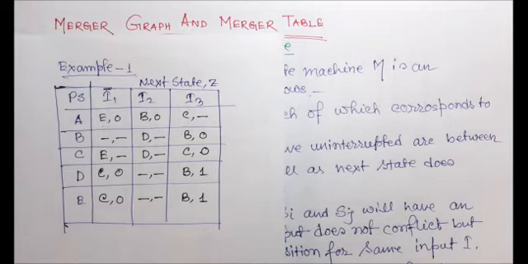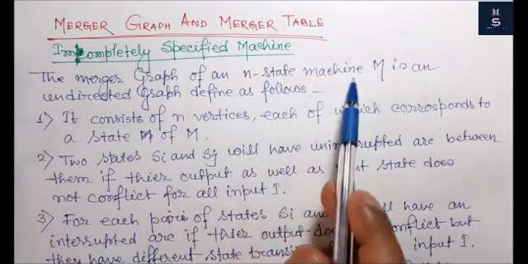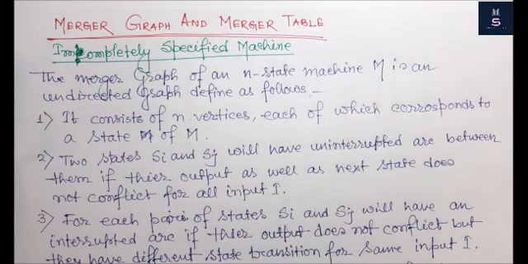The purpose of the merger graph is to find all the sets of compatibilities. So now the question is, what is a merger graph? Now we know its purpose: we want to reduce an incompletely specified machine where sometimes the output is missing or the next state is missing.